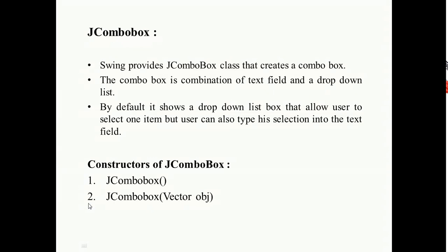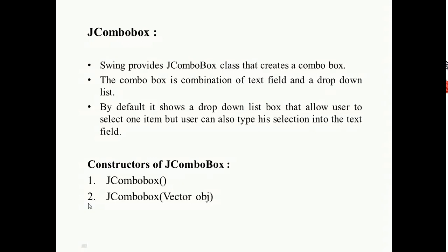Items can be added manually into the combo box by using the addItem method. It means the JComboBox uses the addItem method to add an item into the combo box. The syntax is void addItem(Object obj). It is nothing but the item name.